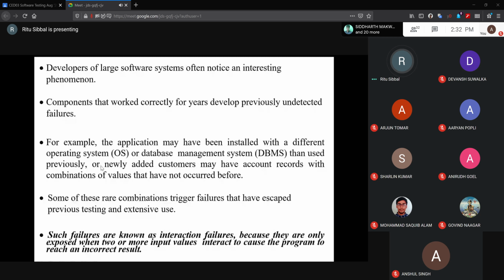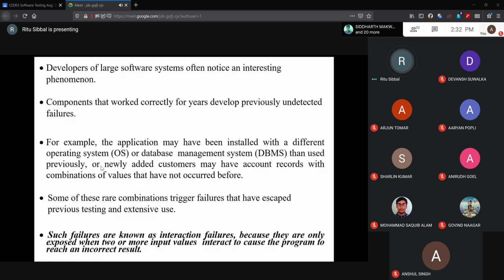It is observed that it stops working for newly added customers which have a different OS and a different database management system, and so they have account records with a combination of values that have not occurred before.